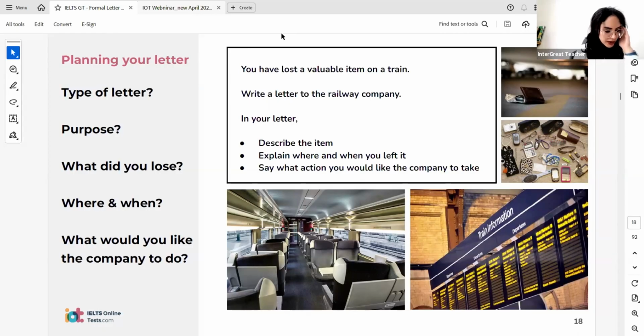Okay. Now, where and when do you think you lost it? Of course, when we say where, it can be the name of that station, that stop, or a specific place on the train, like under the seat where you were sitting. What else? Gate, exactly.